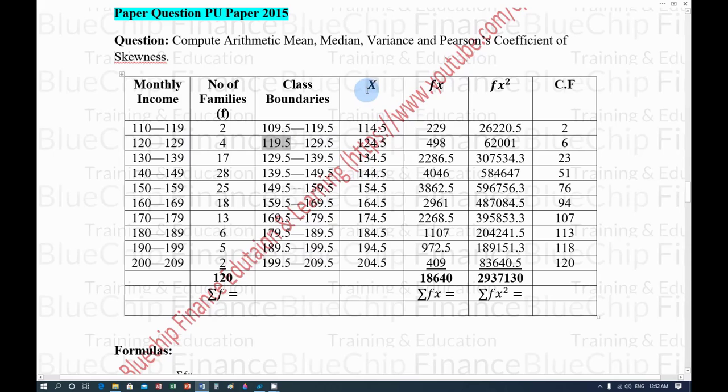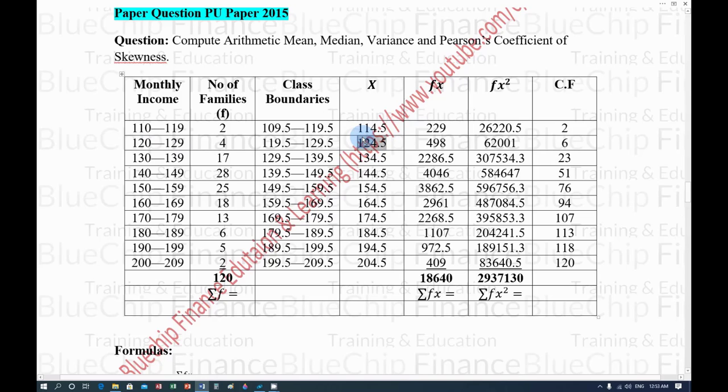After that, the next step is to calculate the class mark. Class mark is very simple. I already explained how you can take the class mark. Just add these two values and divide the sum by 2. 119 plus 110 divided by 2 equals 114.5, or 129 plus 120 divided by 2 equals 124.5.